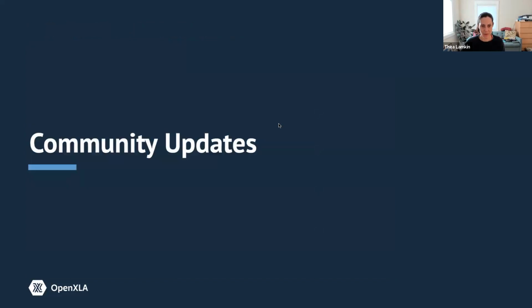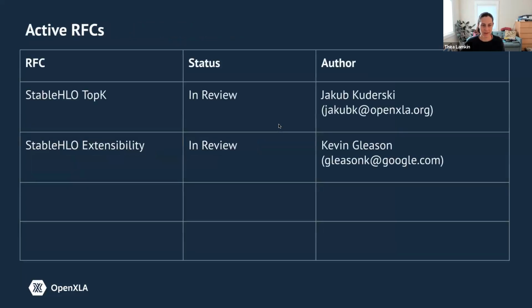We have a couple of active RFCs in the community right now, StableHLO TopK and StableHLO Extensibility, both of which we'll hear more about today. We also have a bunch of RFCs that recently closed and were accepted. Those are all accessible in the OpenXLA Discuss mailing list, and I can also link them in the notes later, but I highly recommend that you take a look.